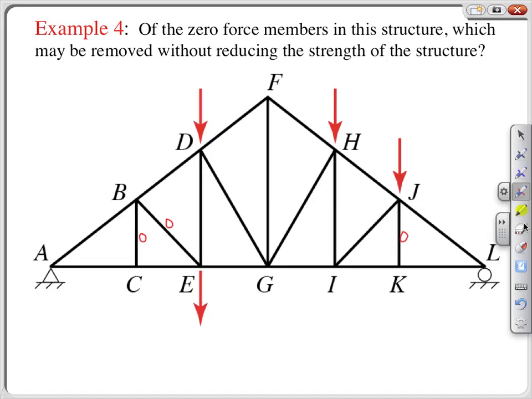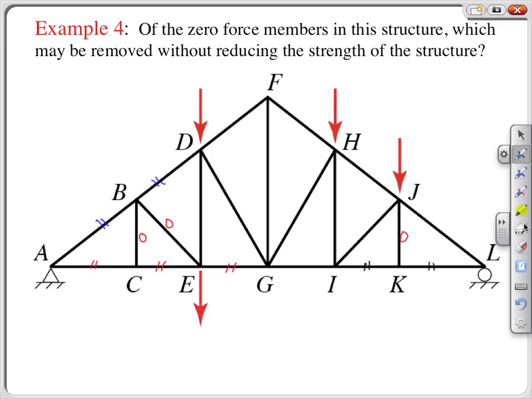And because of the examination of equilibrium equations around C, B, E, and K, we had found that these three members all carried the same load. These two members carried the same load. And these two members carried the same load.